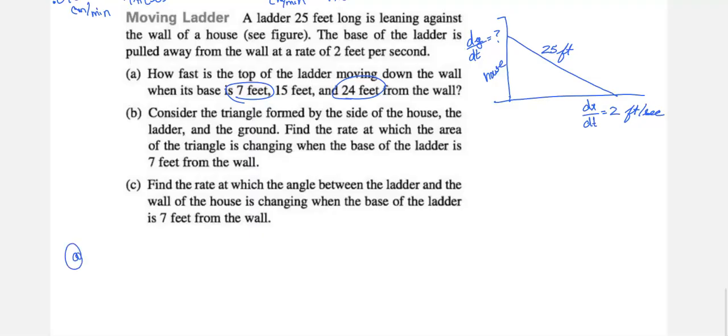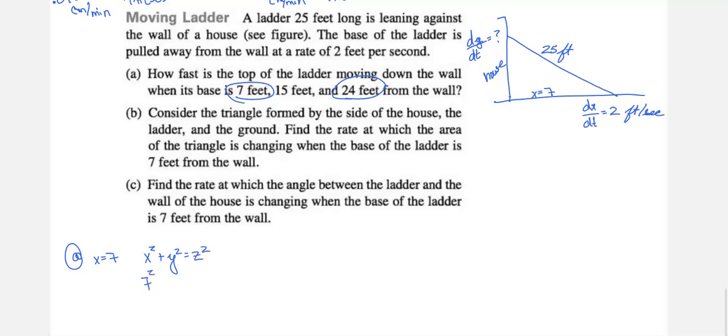So we need an equation that's going to tie everything together. We're going to be curious about 7 feet from the wall first, so that's going to be this distance. I'll call that x and I'll call this y. An equation that ties together the sides of a right triangle would be the Pythagorean theorem. So I know x squared plus y squared has to equal z squared.